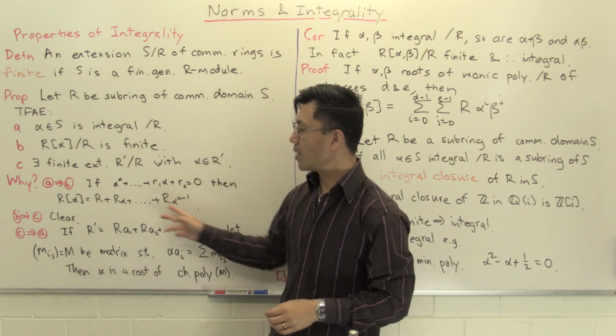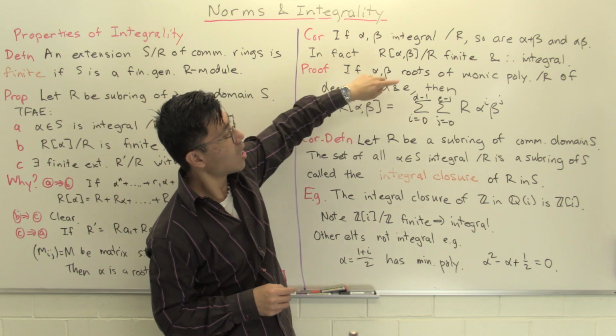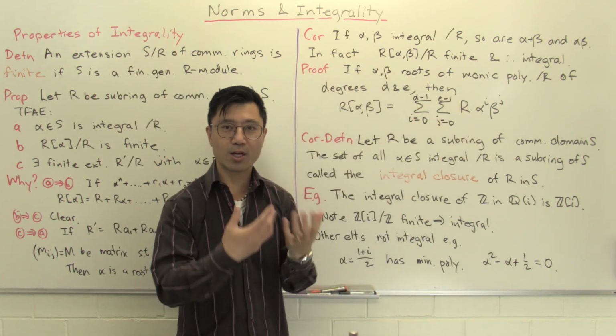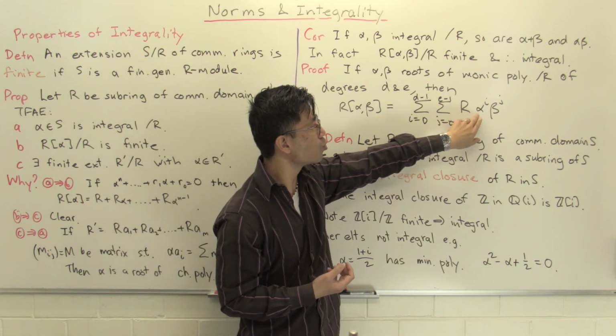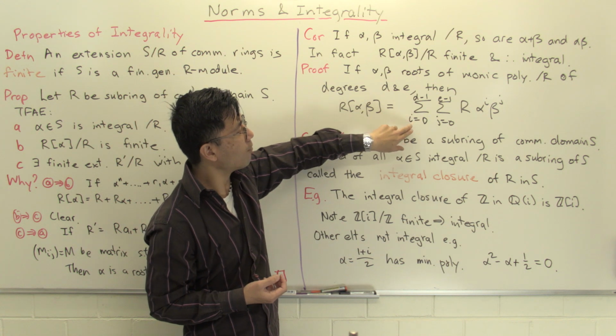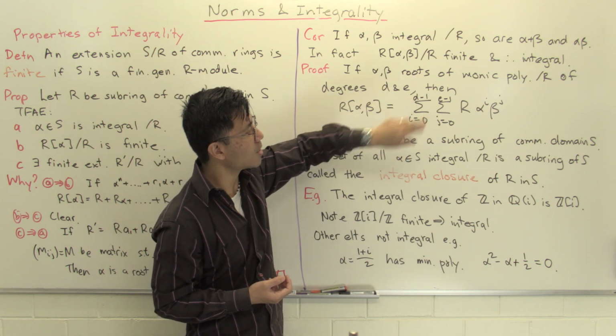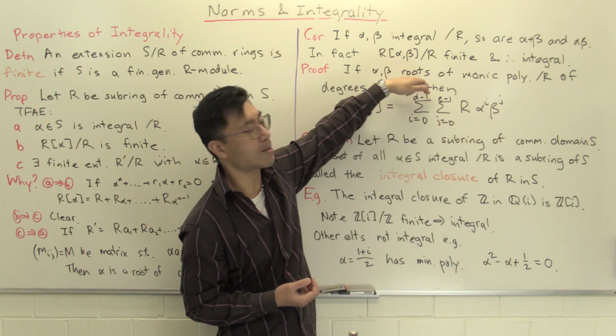Just as we saw here, because alpha satisfies a monic polynomial of degree d, if you see alpha to the d or any higher power, you can reduce it to a lower power, so the only ones you really need are alpha to the 0 up to alpha to the d minus 1, and similarly the only ones you need for beta are beta to the 0 up to beta to the e minus 1.